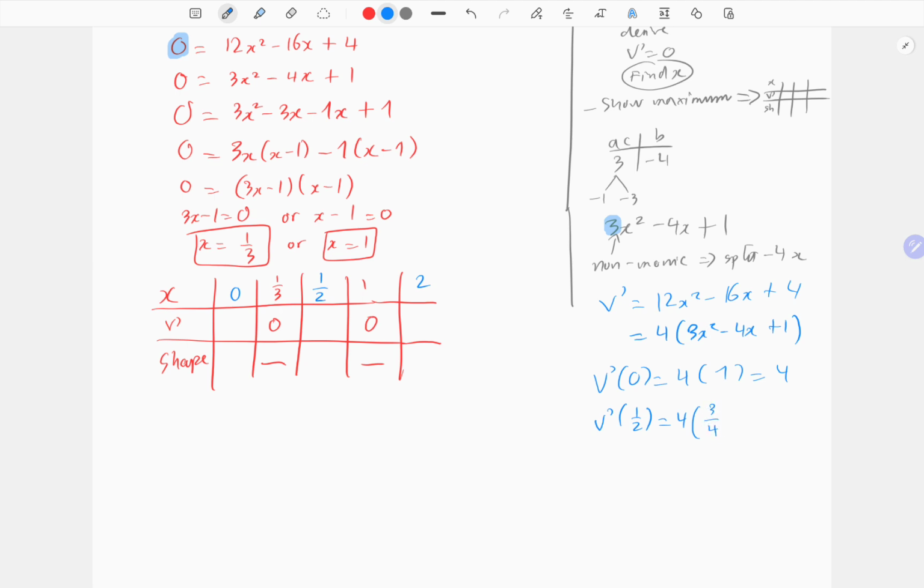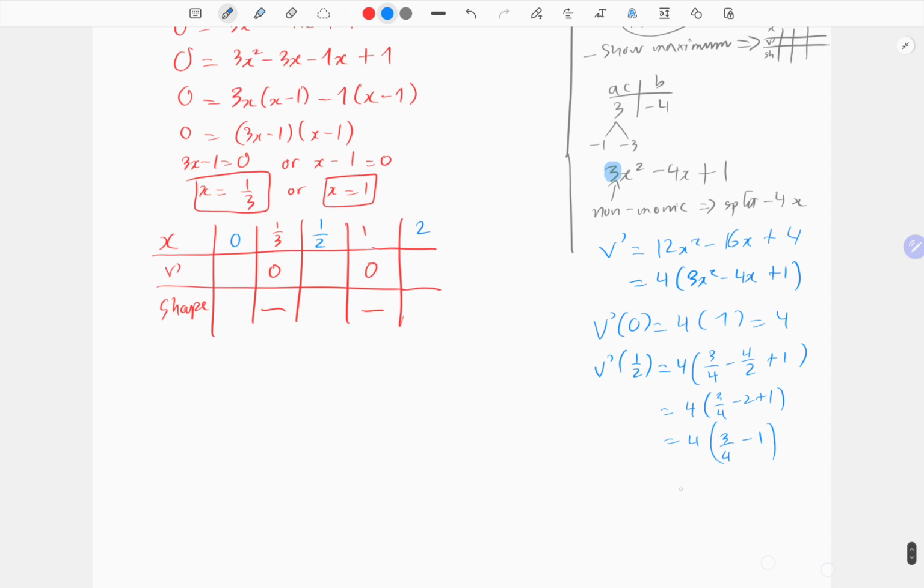Make sense? Okay. Yeah, Sarah? And then minus 4 times 1/2 is just minus 4/2 plus 1. So that'll be 4. Anyway, we need to work with a bit of fractions here, but 4/2 is just 2. So that's minus 2 plus 1, and then 3/4. Minus 2 plus 1 is minus 1, so 3/4 minus 1 is what?